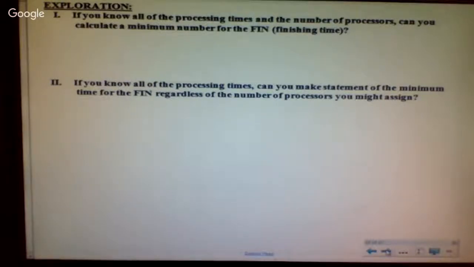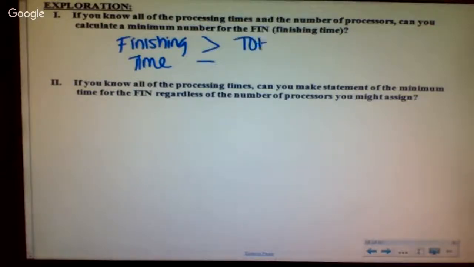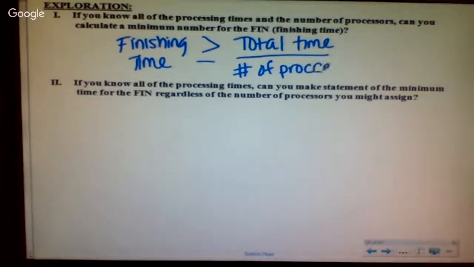Okay, so some of the equations that we just learned. These are the questions at the bottom of that page. Your finishing time should always be greater than or equal to your total time divided by your number of processors.